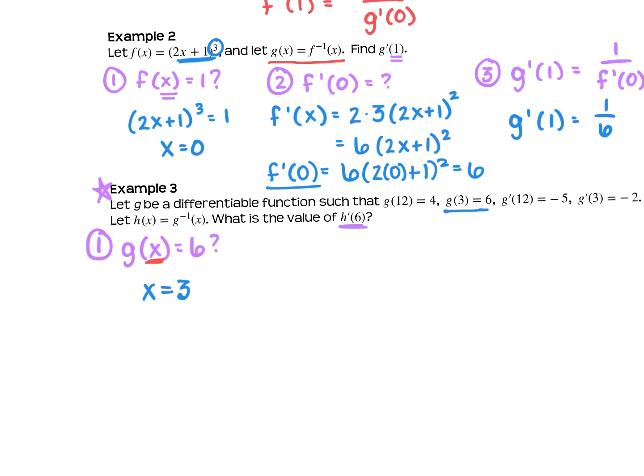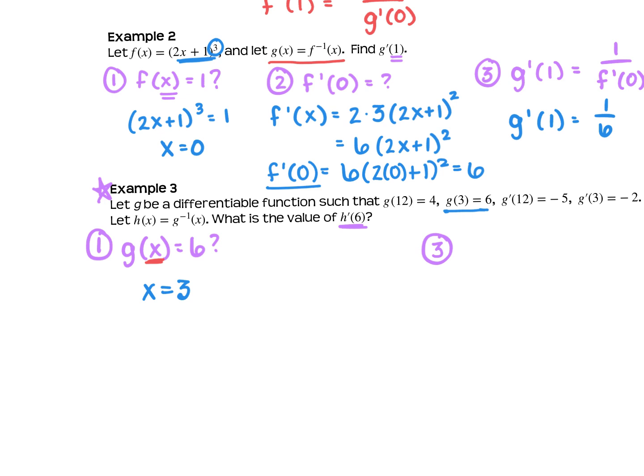So if I'm trying to find this derivative, I need to know where to start. I need to know that I'm looking in the g function when x equals 3. And that actually tells me, if I jump way over here to the end of my process, kind of how to find my answer.